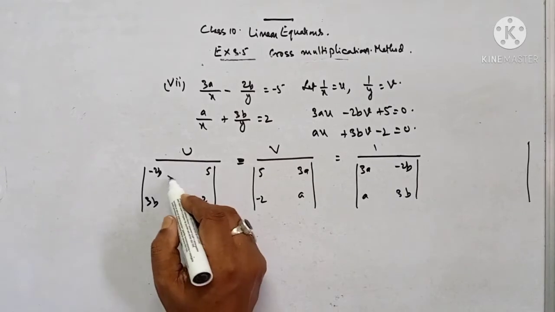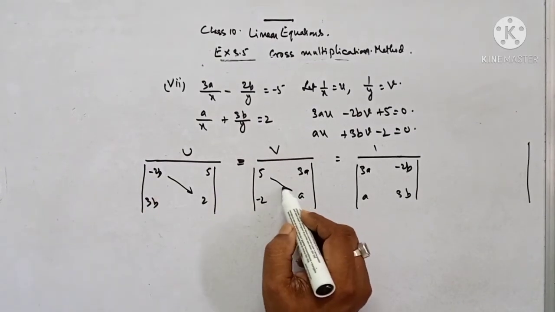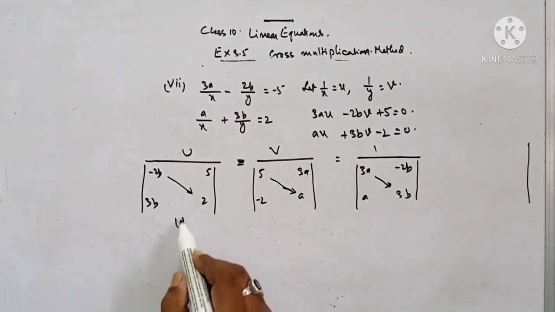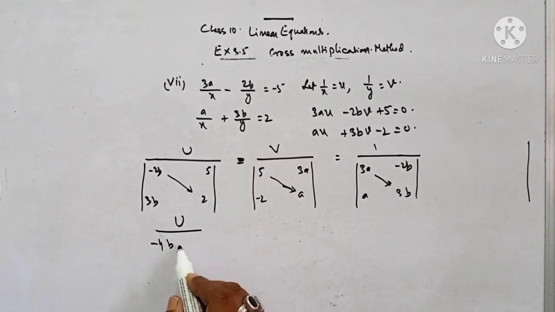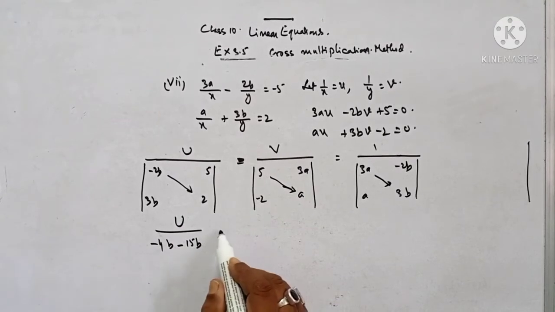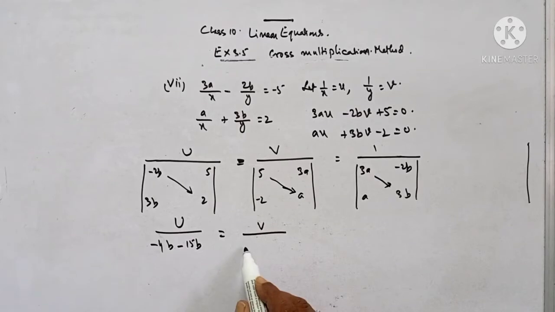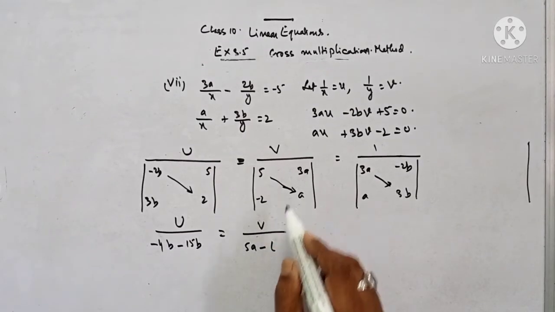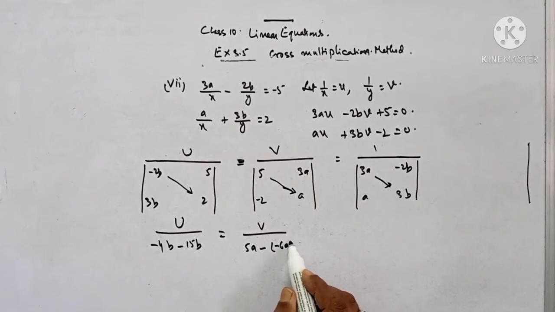So here you see u, that is minus 4b minus 15, 15b. This will be v, this is 5a minus, that is this into this, 6 minus 6a.